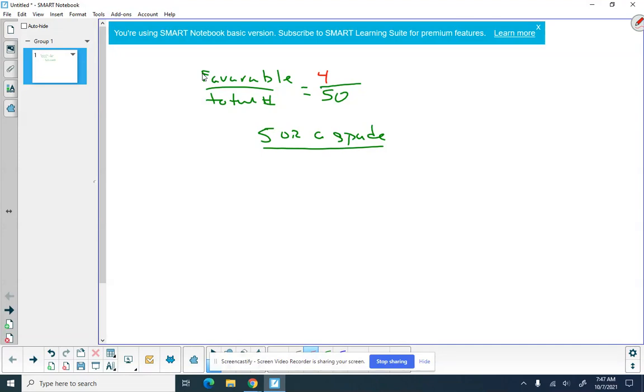But one of those spades is also the 5 of spades. So we have 12 spades in there. If we just add the 12 to this, that is correct. But what we have to do is subtract off this value, or the 1, which is the 5 of spades.